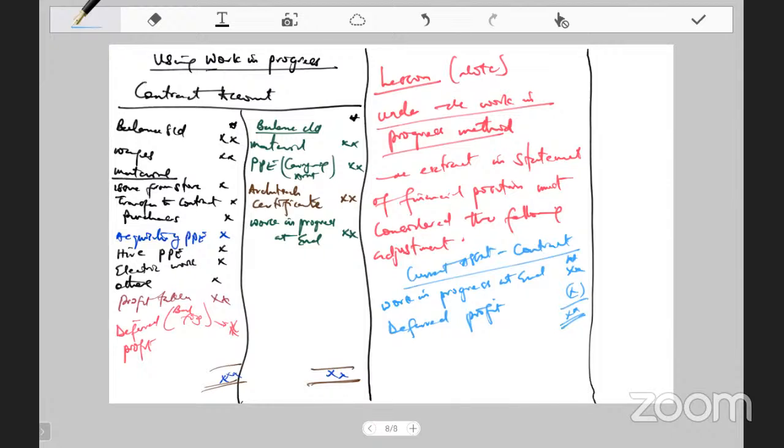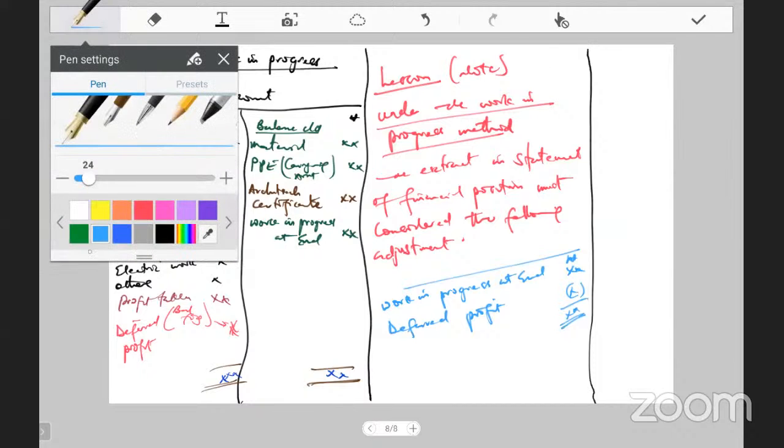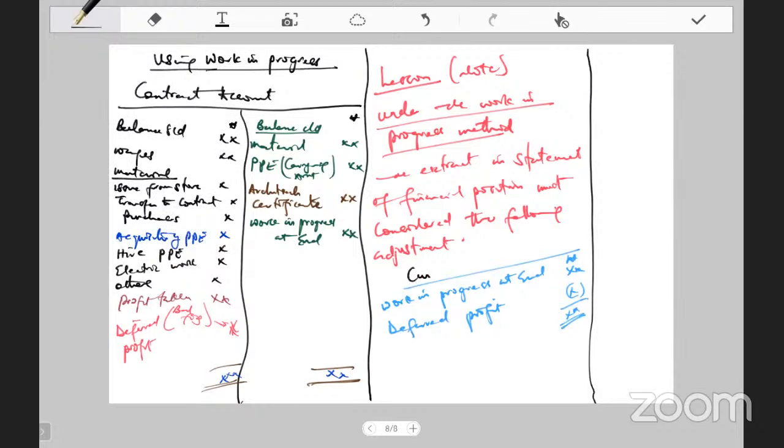So please, can you read what you wrote? Can't see the handwriting. I said the current asset, which is the current account in the contractor.